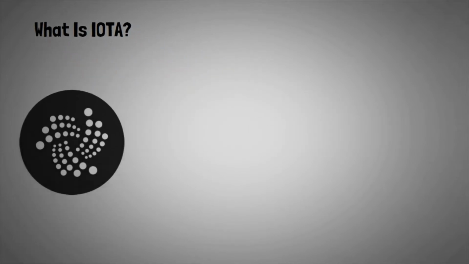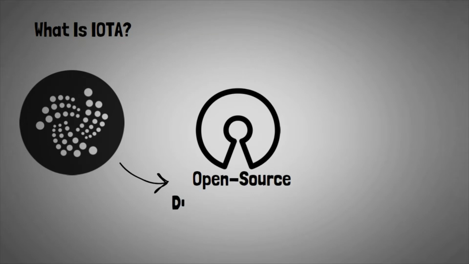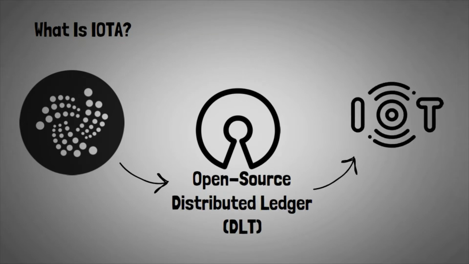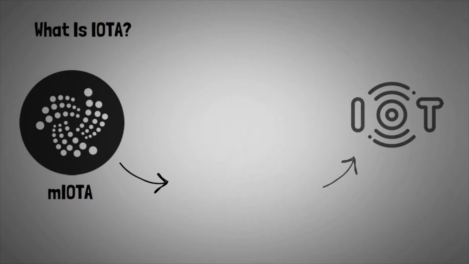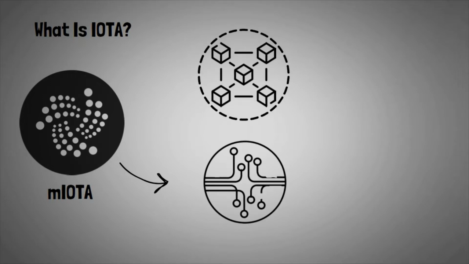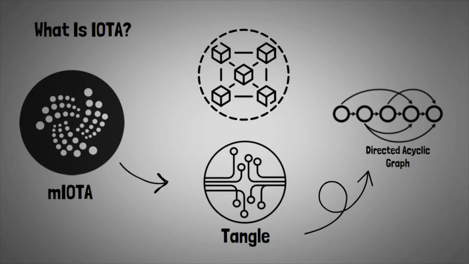What exactly is IOTA? IOTA is an open-source distributed ledger and cryptocurrency used to record and execute transactions within the IoT ecosystem. The native cryptocurrency is dubbed mIOTA for facilitating transactions within the network. Furthermore, IOTA deviates from blockchain technology and focuses on the technology known as Tangle, a special directed acyclic graph technology.